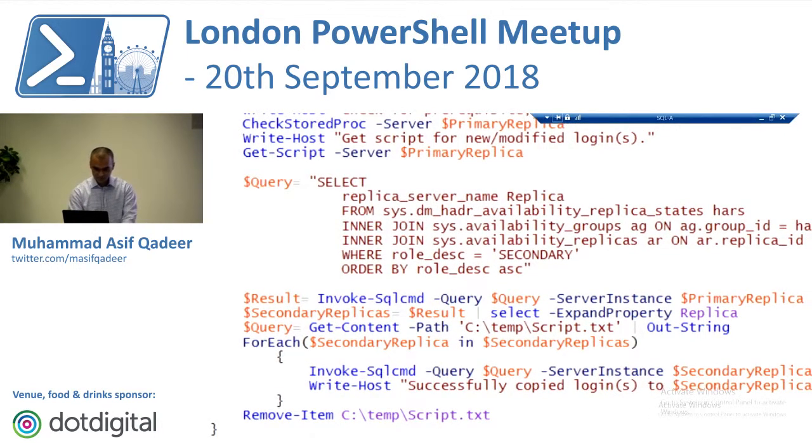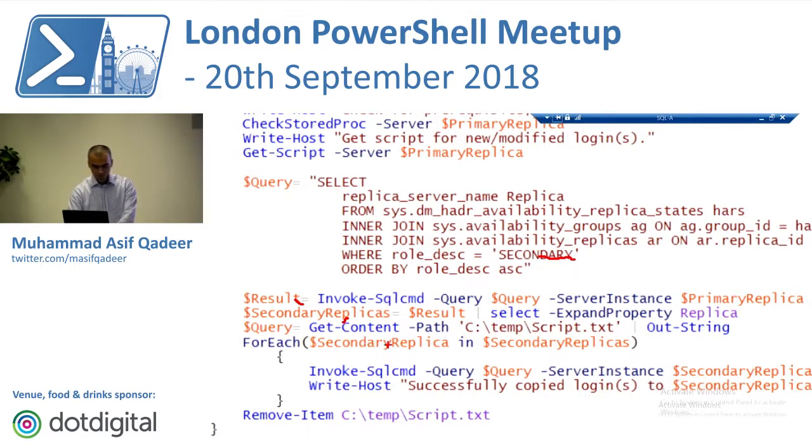But this time I'm passing this condition to bring me only the secondary replicas. It will store in this result variable again. And then I'm storing it into these, because it can be more than one. It's not only one, maybe you have 2, 3 secondary replicas.